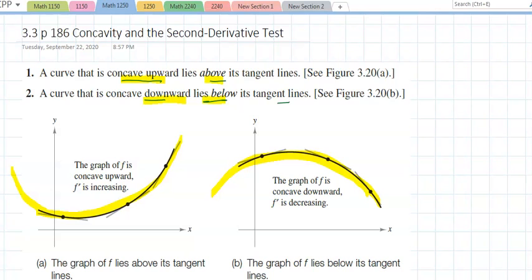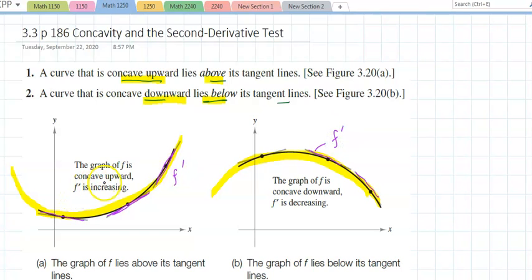But this is what we notice. If a curve is concaving up, we notice that the slope of the tangent is positive. And if a curve is concaving down, we notice the slope is negative. And we know the slope is a derivative.